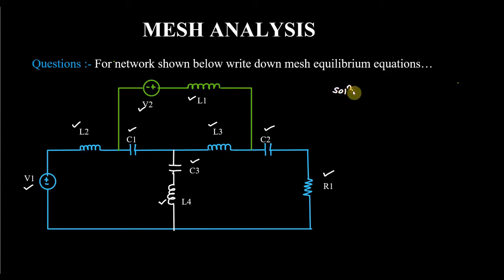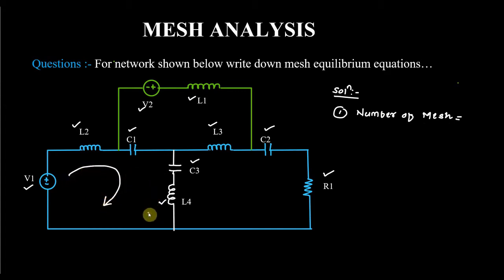So the first step here is to find out the number of meshes in the given network. How many meshes are there in this network? If you see, this is the first mesh.